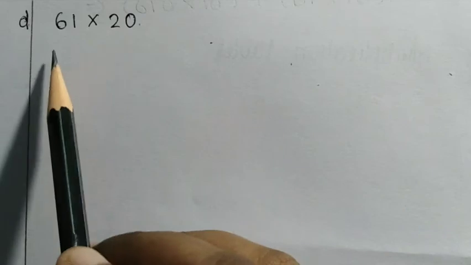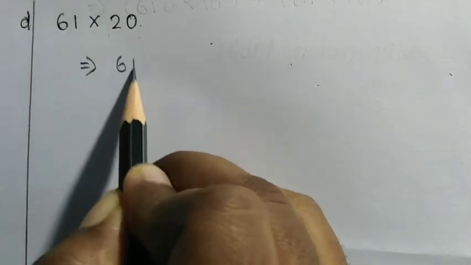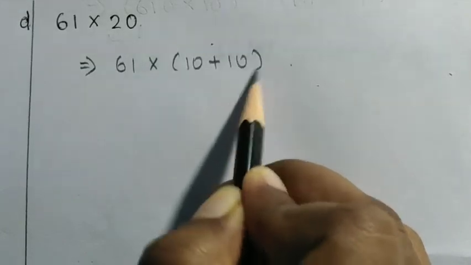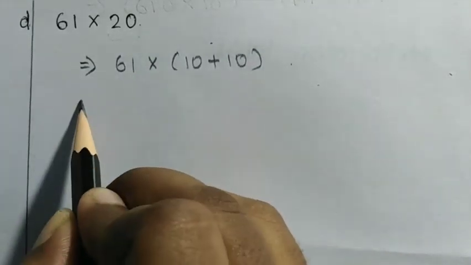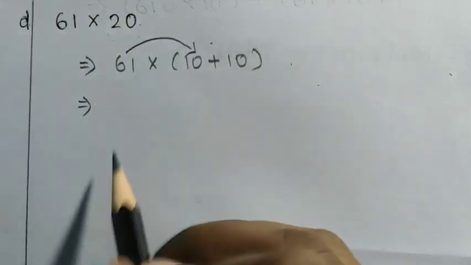Now let us multiply 61 with 20. 20 can be written as 10 plus 10. So let us write 61 into 10 plus 10. Now let us multiply 61 with 10.